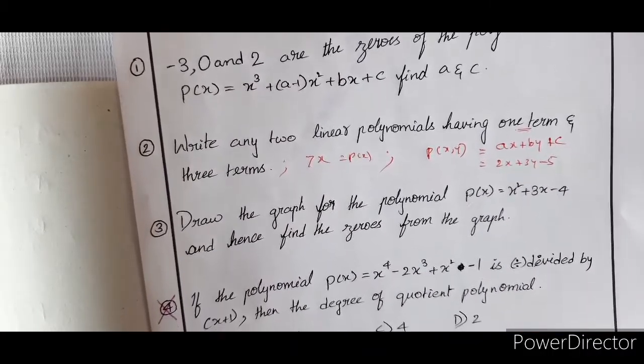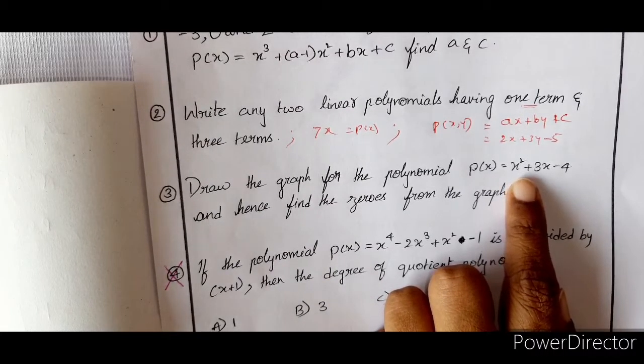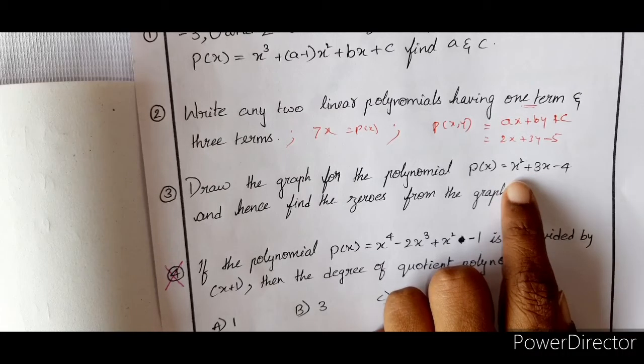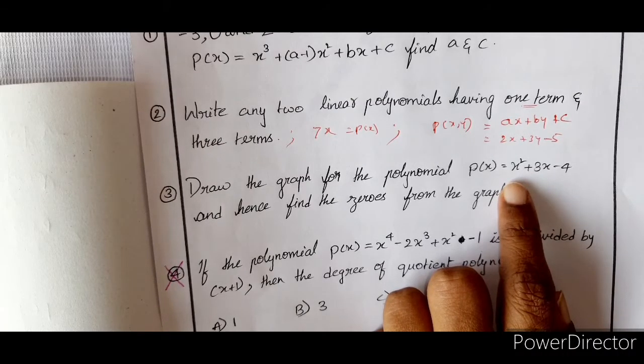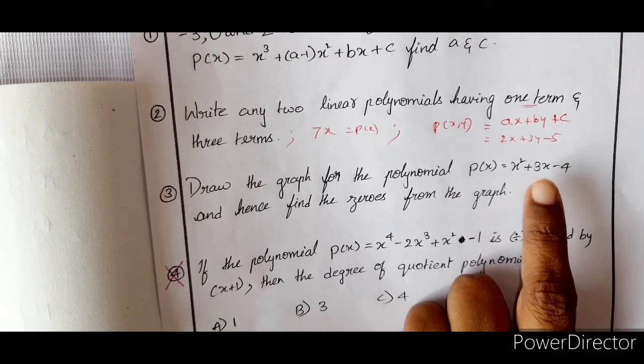So now draw the graph of the polynomial p of x is equal to x square plus 3x minus 4, and hence find the zeros from the graph. See, I will explain this question in detail so that next similar questions you can do by yourself. Whenever such a question is asked, we don't know what the zeros are. You can't just keep on taking values from which you may or may not get zeros in the graph.